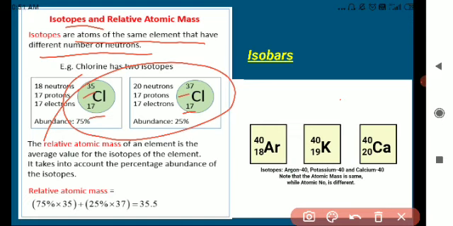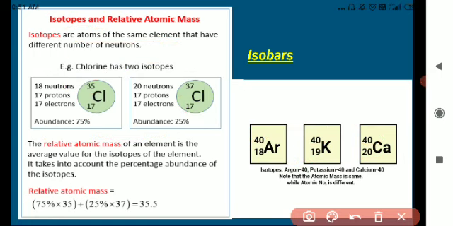They have the same number of protons, the same atomic number, but different numbers of neutrons. That means different mass numbers. If the mass numbers are similar but the atomic numbers are different, then they are known as isobars.